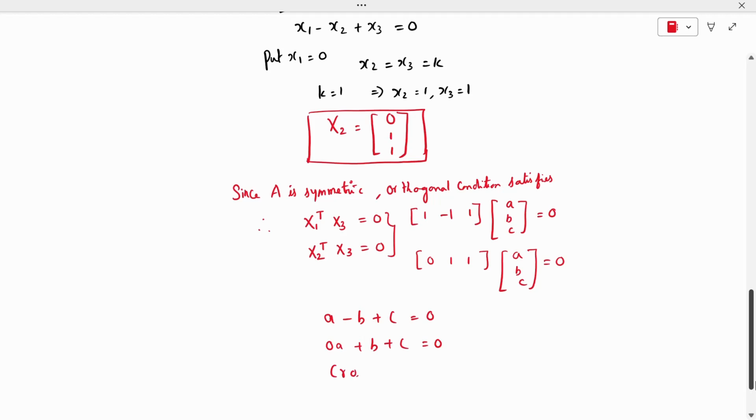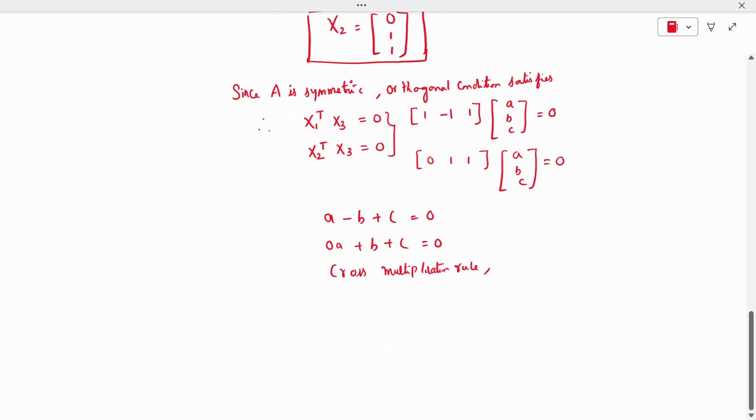Now apply the cross multiplication rule: a, minus b, c. For a: minus 1, 1, 1, 1. For b: 1, 1, 0, 1.